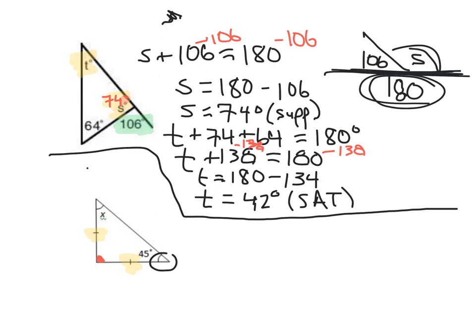So you have to know this based on some of the other markings as well. So I can just get away with saying x equals 45 degrees because of isosceles, and I'm done.